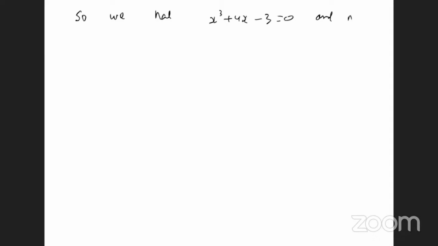Right? And we need to get a new equation with roots 1 on alpha squared, 1 on beta squared, 1 on gamma squared. So here's how we could do it as well. Our next way to do it is something like this.